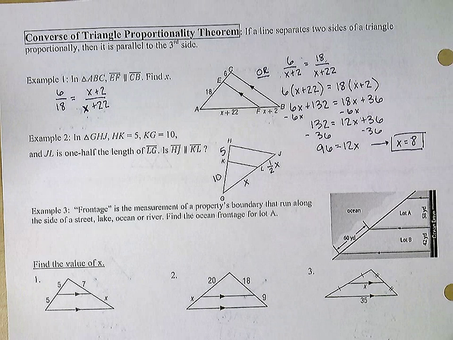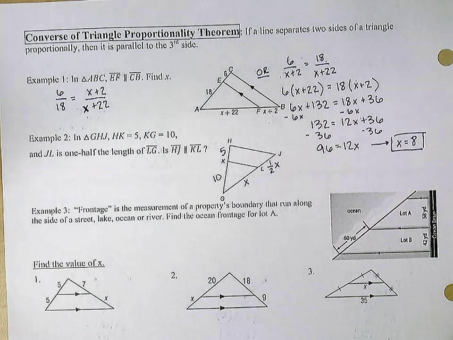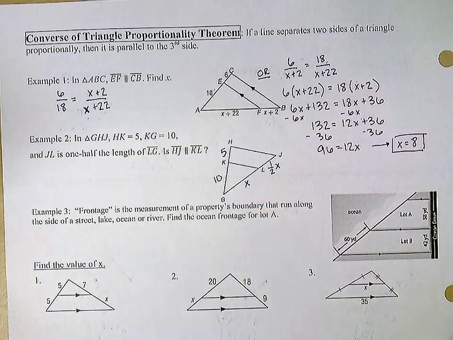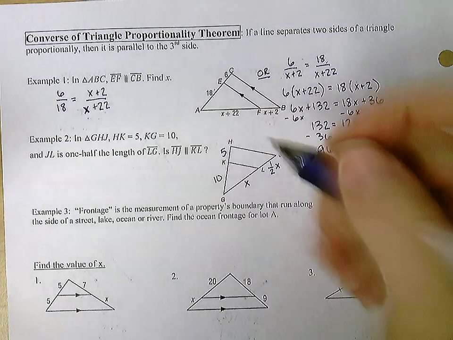Now, what I want to do is see if HJ is parallel to KL. So I want to see if my ratios are the same when I reduce them. So we're going to pretend like these are parallel to see if they actually are. So I want to set up that ratio.